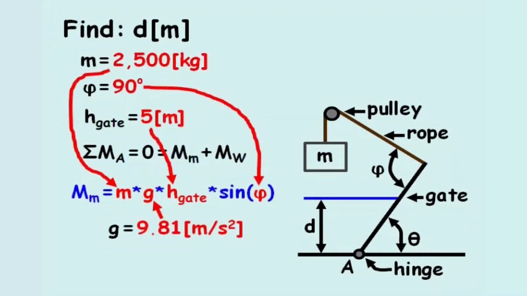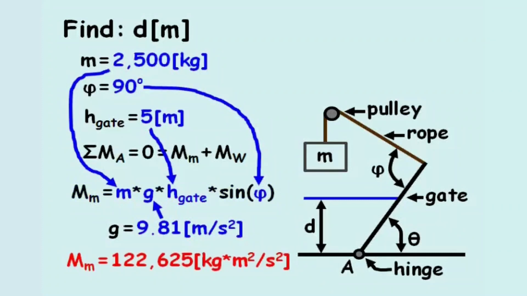After plugging in these four variables, the moment caused by the mass equals 122,625 kilogram meters squared per second squared. This value is positive because we'll define the moment in the counterclockwise direction as positive.